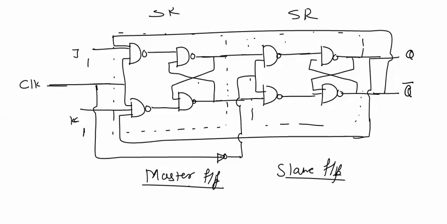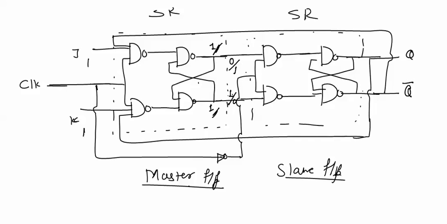So if we have applied J and K inputs as 1 1, in this case, if the flip flop is triggered multiple times in a single clock pulse, then its output will either be 0 1 or 1 0. Means a 1 1 output at this master flip flop is not possible.